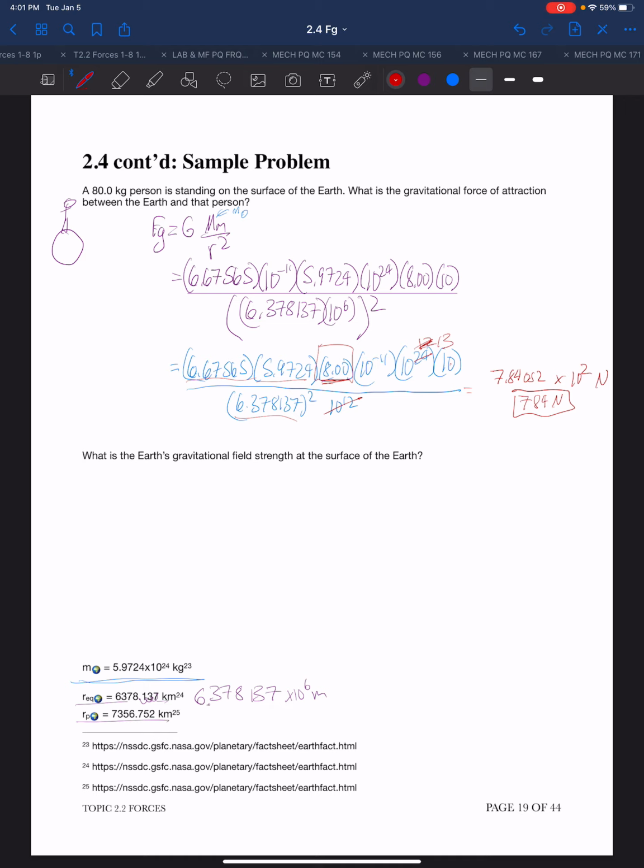Now, if we went through the same process for the poles, we get 789 newtons. So in fact, if you sent someone to the equator at sea level and you went to the North Pole at sea level, you could measure a difference in their weight, 784 versus 789 newtons.